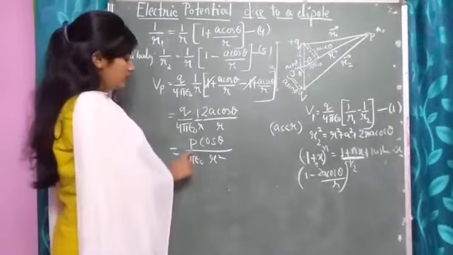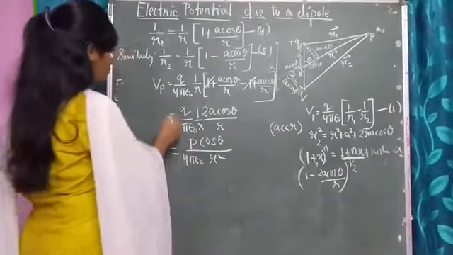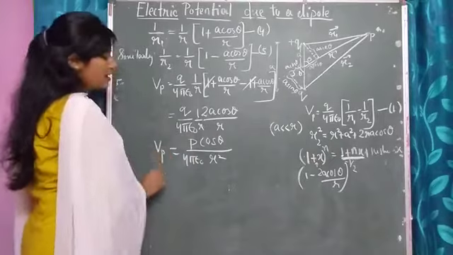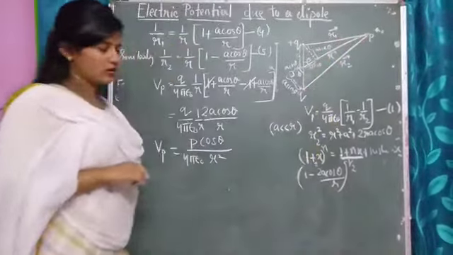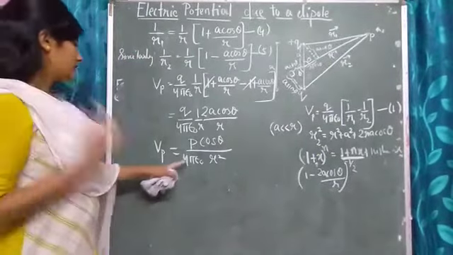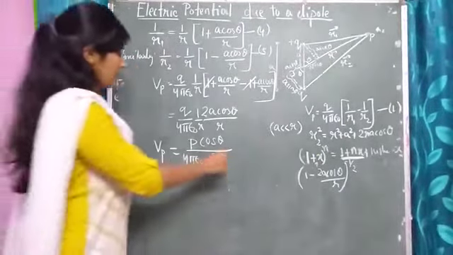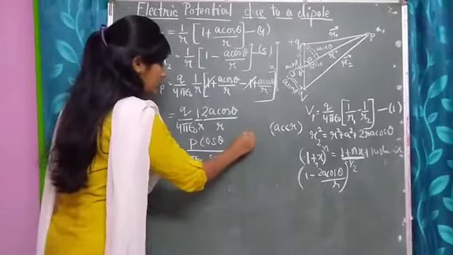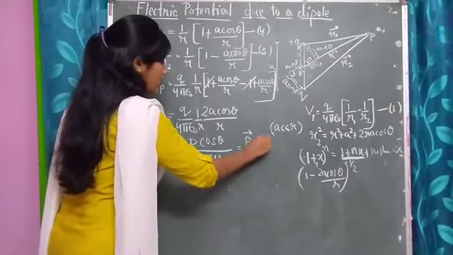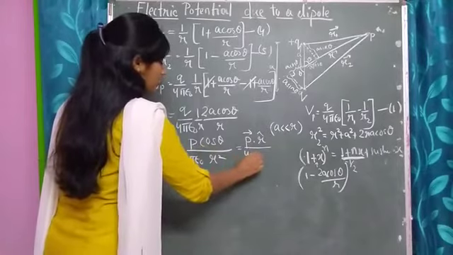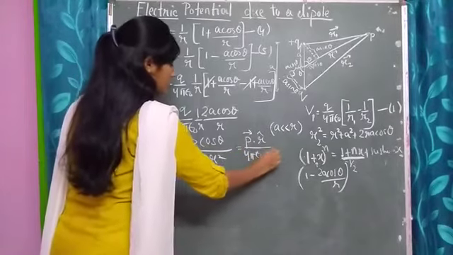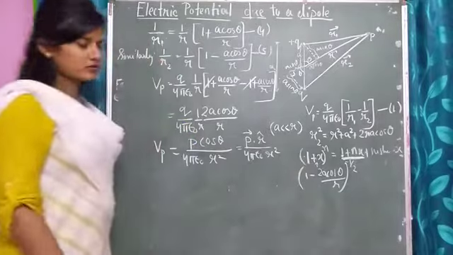So this is the expression for potential at point P due to the dipole, and I can write it again as P vector dot R cap over the denominator expression like this.